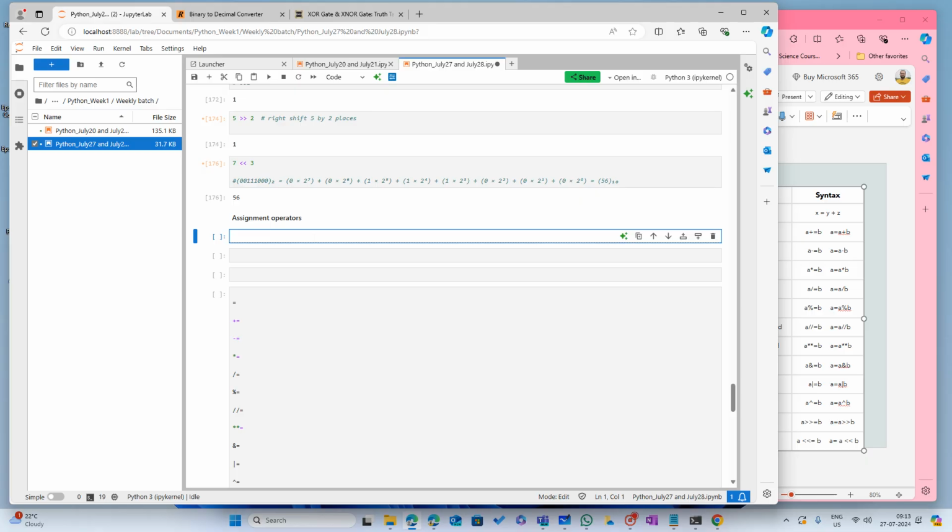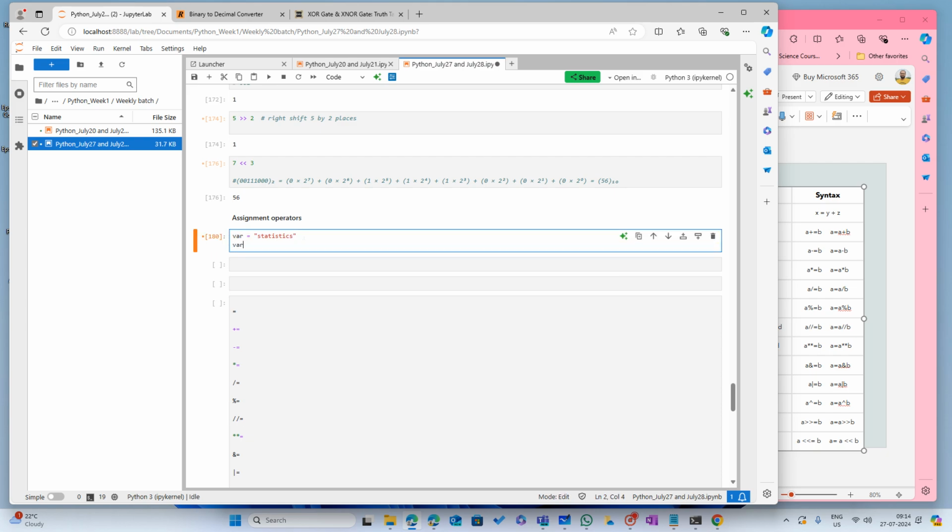For example, you have a variable called var, and you want to assign some certain value called statistics. This operator is just reserving a memory. It will count the length of it, type of it, and basis on that it will assign whatever the memory is required to be assigned to var. So very simple. There is nothing for the assignment operator equals to, there is nothing I can show you other than this. So it's just proper assignment.